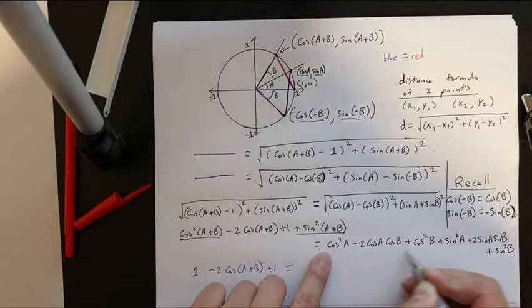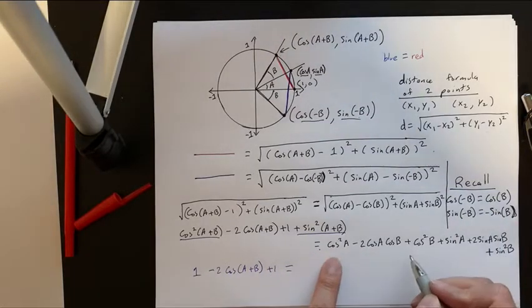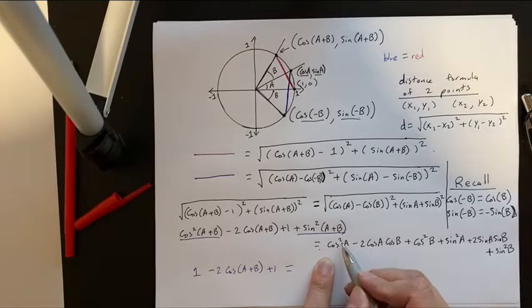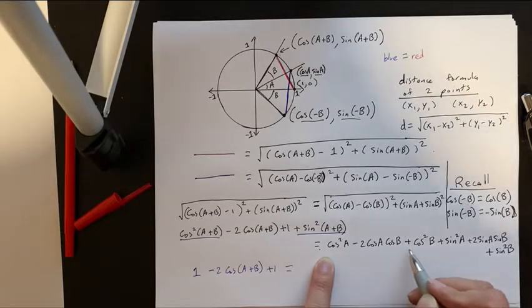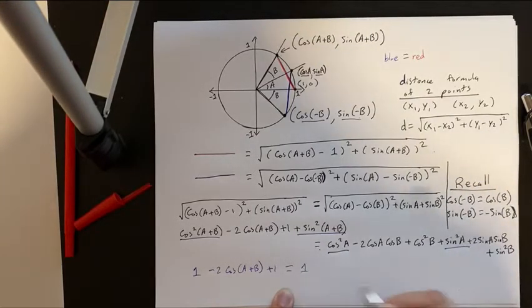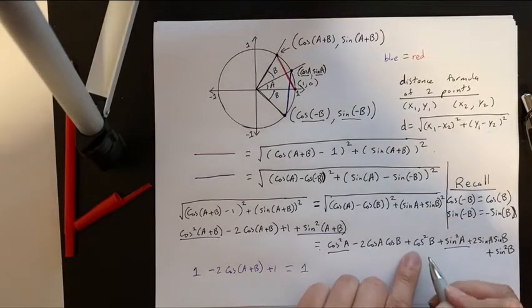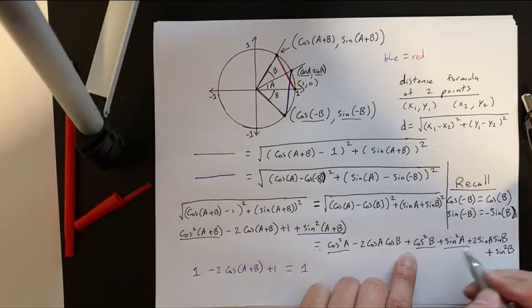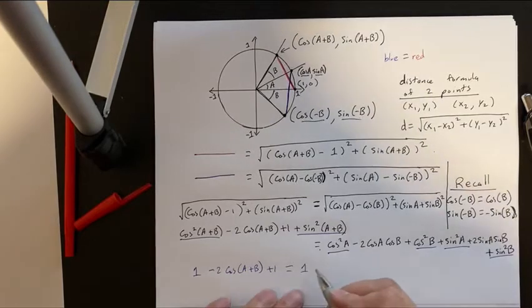How about the right side? The right side, we have a cosine square a. Do we have a sine square a? We do. It's right there. So cosine square a plus sine square a is going to be a 1. We have a cosine square b. Do we have a sine square b? Yes, we do. And that is going to be another plus 1.